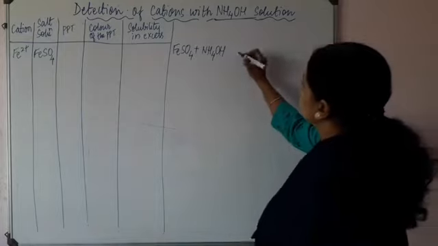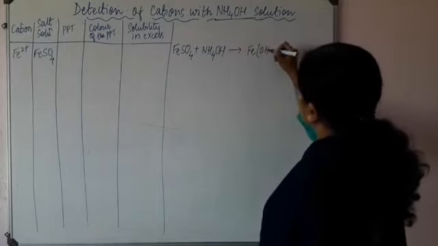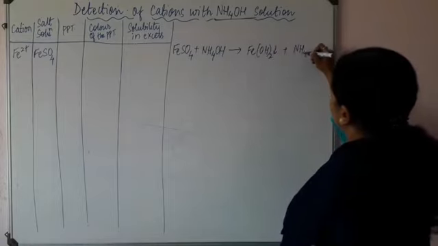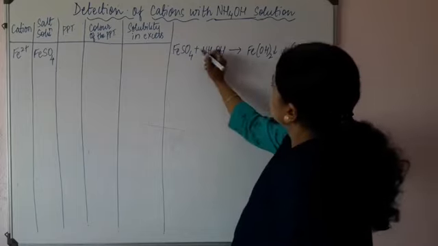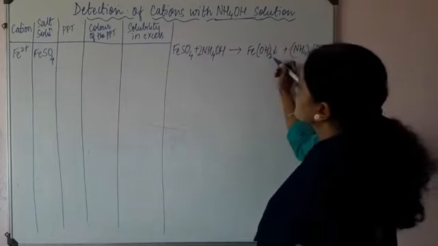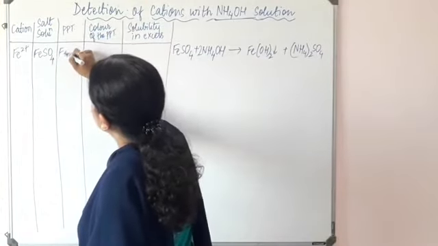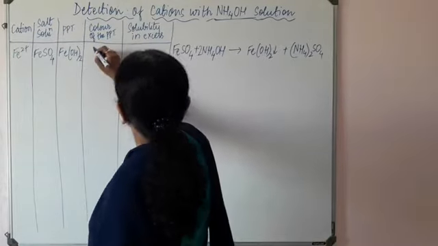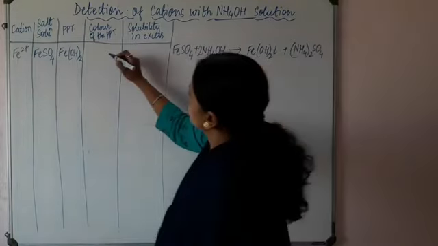Right? So after doing the observation, here we are getting ferrous hydroxide, which is again a dirty green precipitate, and ammonium sulfate you will get. This is 2, so put 2 over here. These reactions are not difficult, just exchange of radicals will take place, and you will get a precipitate, and you will easily be able to write the reaction.